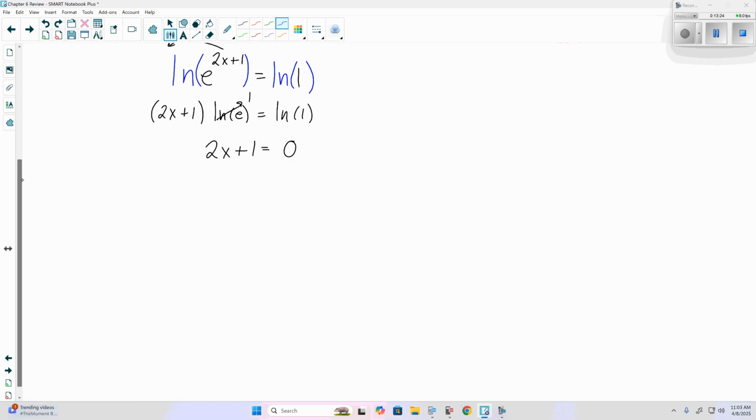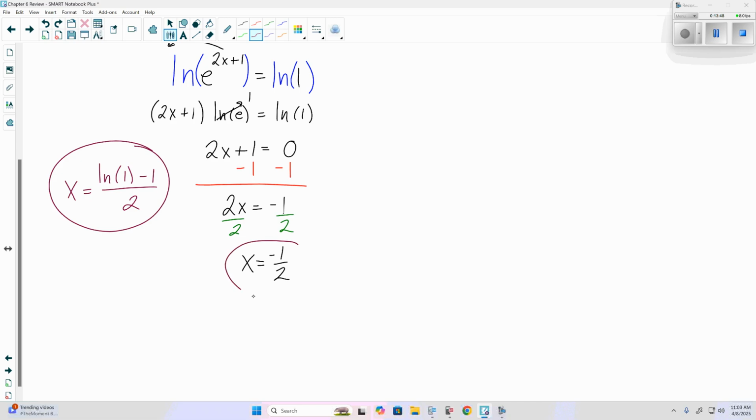So just solve for x. I mean, if you had on the test written the natural log of 1 minus 1 over 2, I would take that. I mean, that is the same thing.